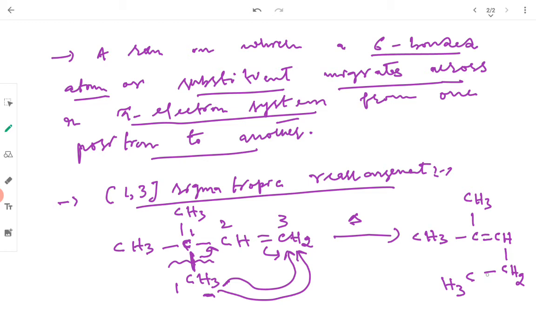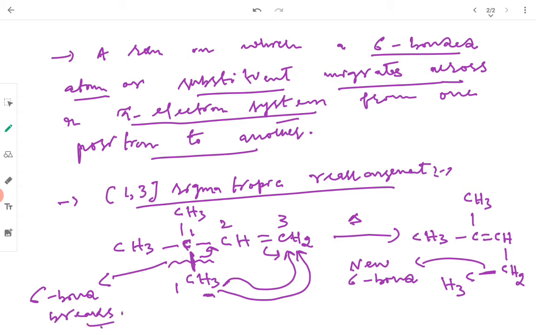This is the new sigma bond which is formed. This is the sigma bond which breaks, and this pi bond here shifts from this position and goes to this position. So this is what happens during a sigmatropic reaction.